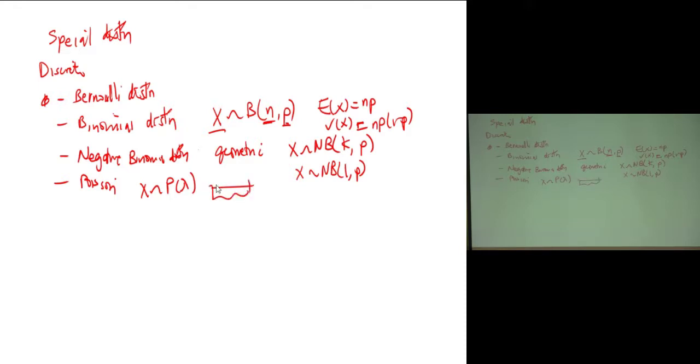Of course, the situation has to satisfy what we call the Poisson experiment or Poisson conditions. You also have to know the expectation and the variance. I think for Poisson it is equal to lambda for both.